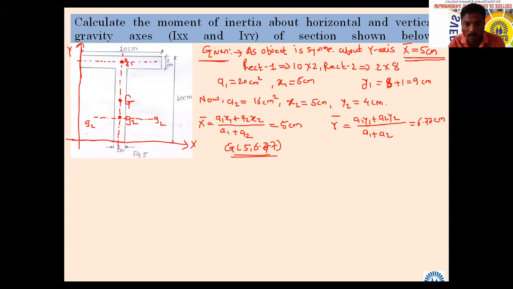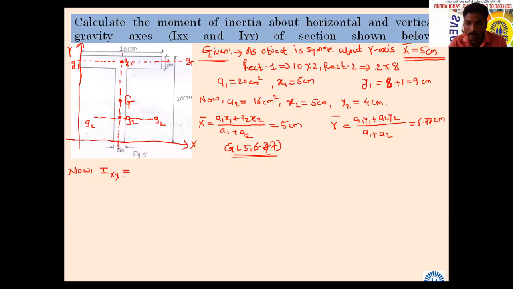So how to find it? By using the parallel axis theorem. Here I will say G1, and here also G1. Now if I want to find Ixx equal to, what do we have to say? What is that theorem saying? Moment about the centroid axis.